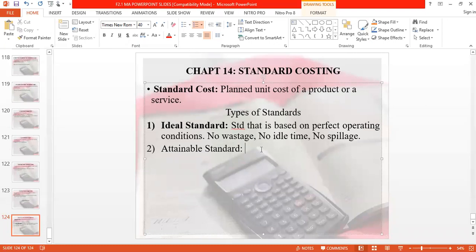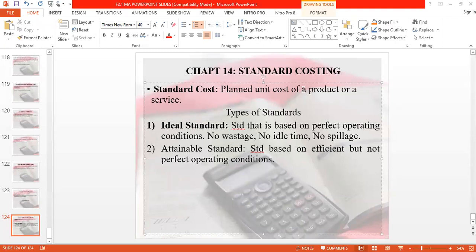This is a standard that is based on efficient but not perfect operating conditions. It is based on efficiency but not perfect operating conditions.